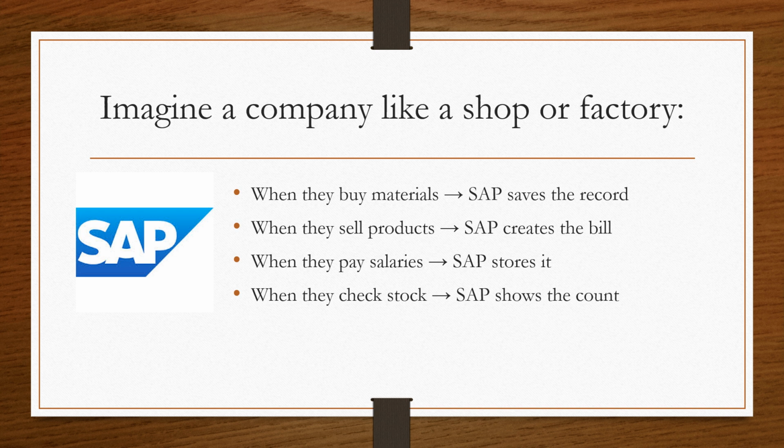The US one is the complex one. So how GST is calculated is based on their tax rates. Without human interference, SAP calculates the GST, or the tax, and stores it.